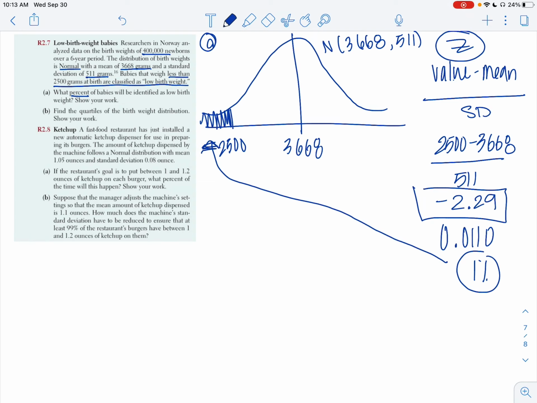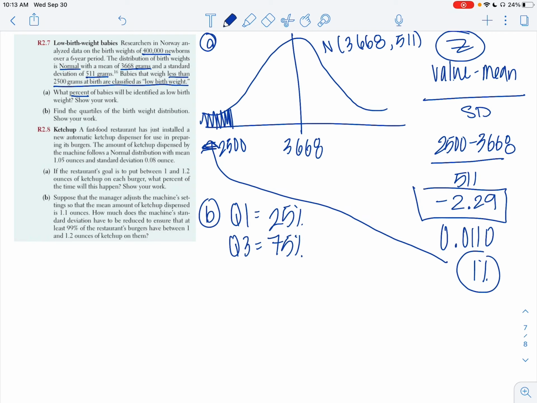Find the quartiles of the birth weight distribution and show your work. To find the quartiles, you have to look at what the quartiles mean. The first quartile is the 25th percentile, the third quartile is the 75th percentile.